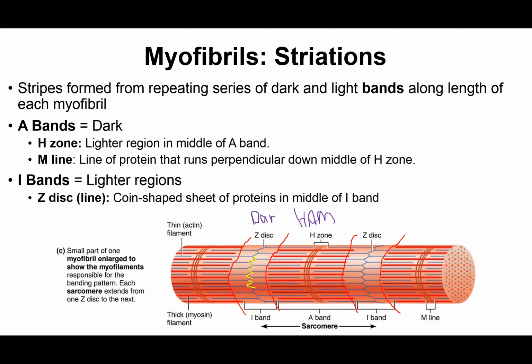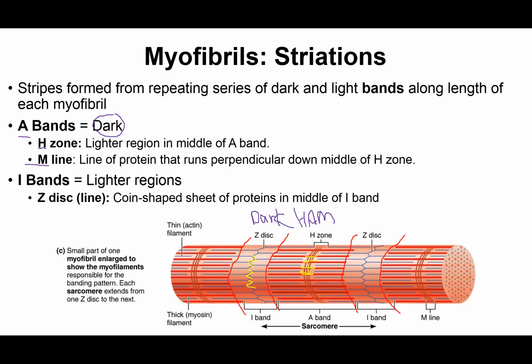So we know the dark sections have H-A-M, dark ham. All right, and the H's, if I draw them on here, I'll draw them in yellow, why not? They're called H zones because they form an H all the way up and down them.